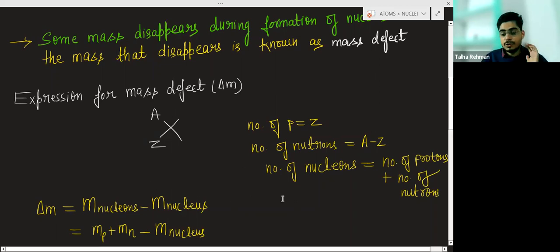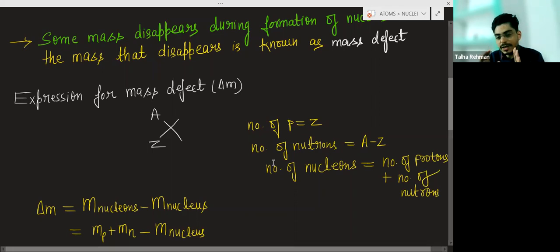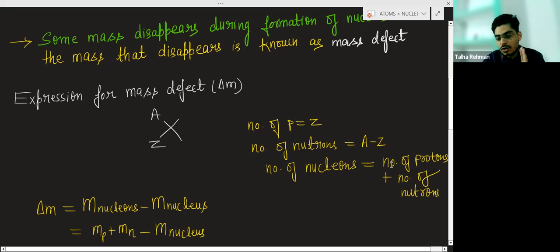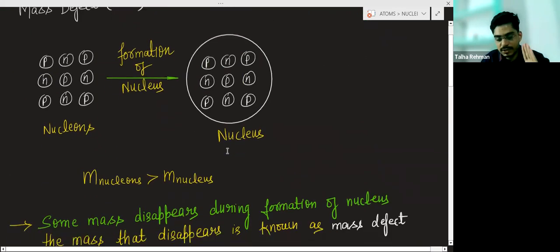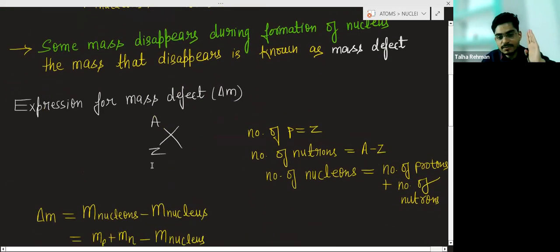So if you calculate the mass of nucleons, you have to calculate the total mass of the protons and neutrons inside the nucleus. So what is the mass defect? Mass of nucleons minus mass of nucleus.